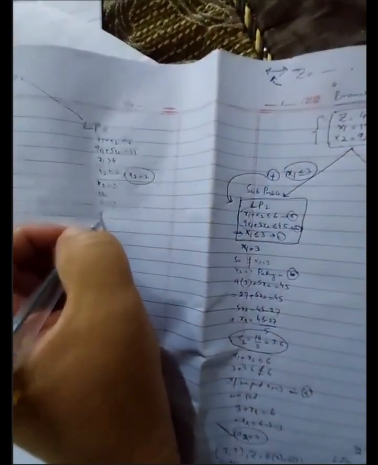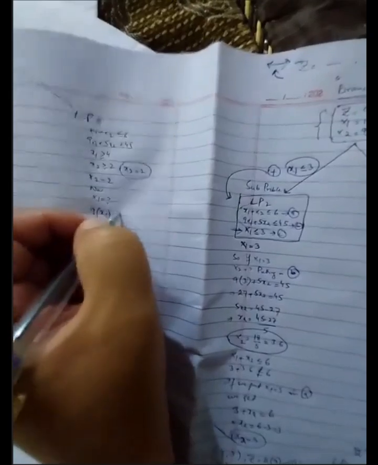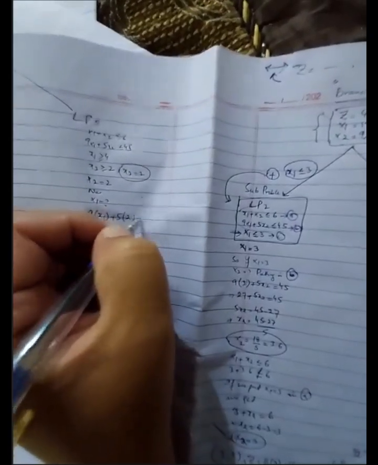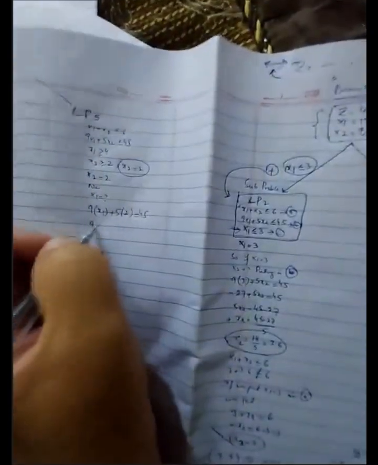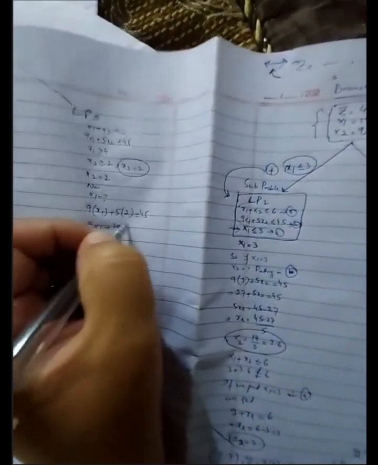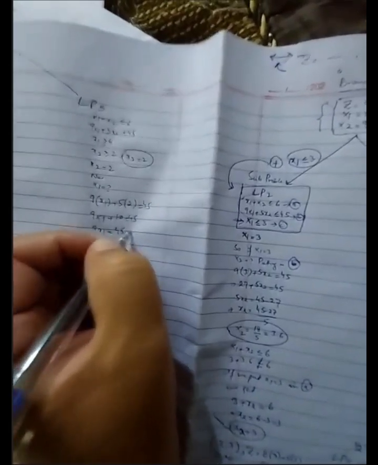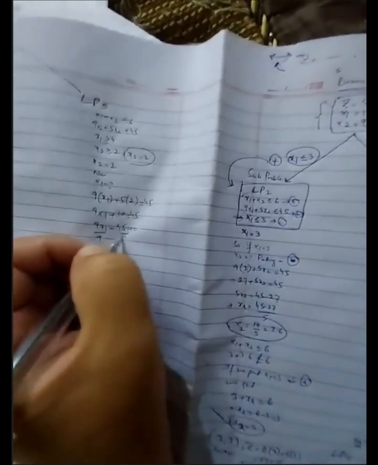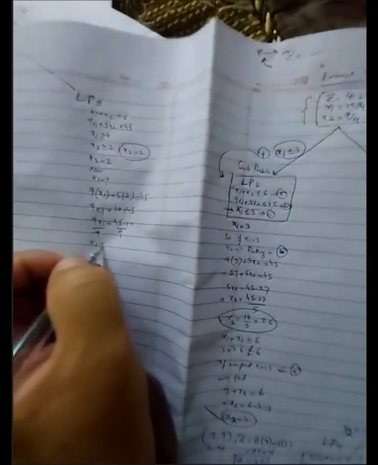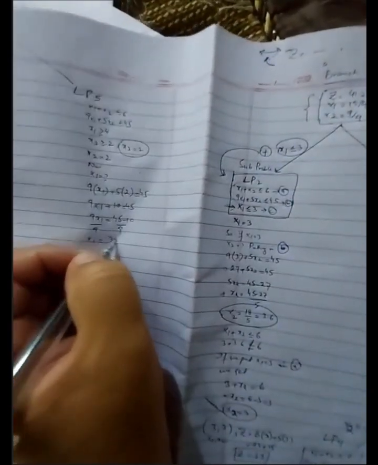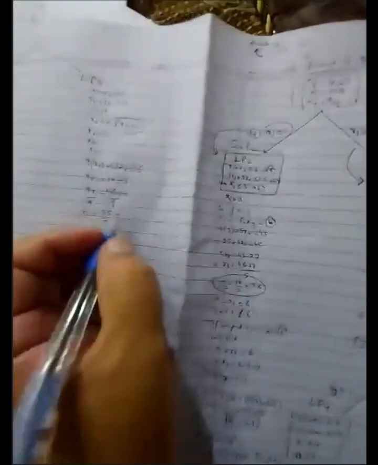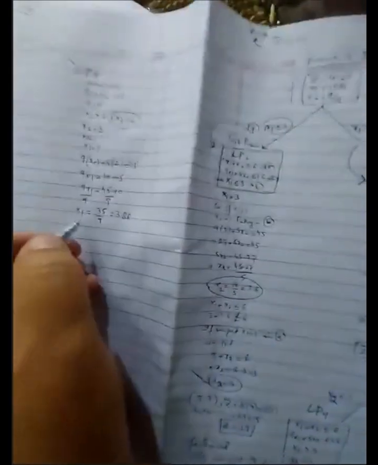Now putting it in equation B, we get 9 into x1 plus 5 into 2 is equal to 45. So 9x1 plus 10 is equal to 45, and 9x1 is equal to 45 minus 10. Dividing both sides by 9, we get x1 is equal to 35 by 9, and it gives us 3.88.